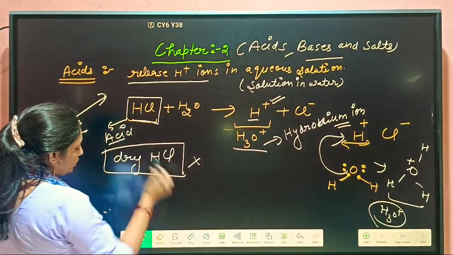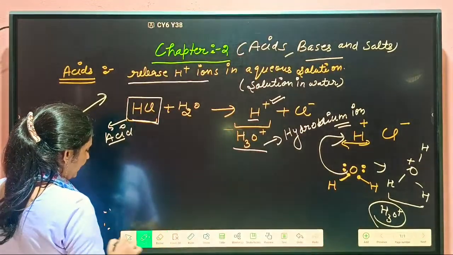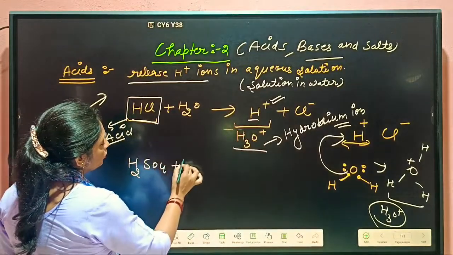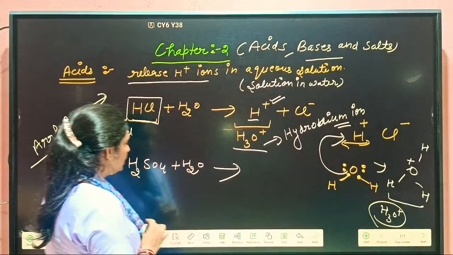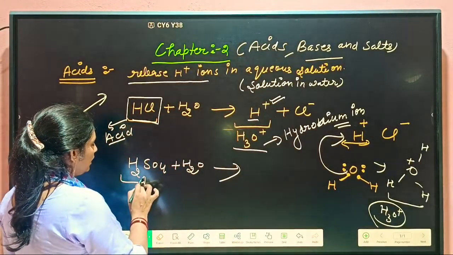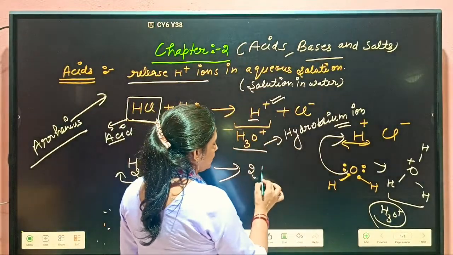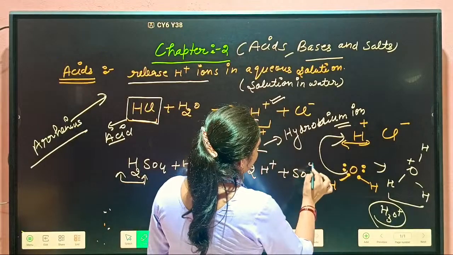One more example you can take, students. If I talk about H2SO4, if it dissolves in water, then this one also gives H positive ions. Here you can see there are two H positive ions. Then students, it can give two H positive ions plus sulfate ion, SO4 2 negative.